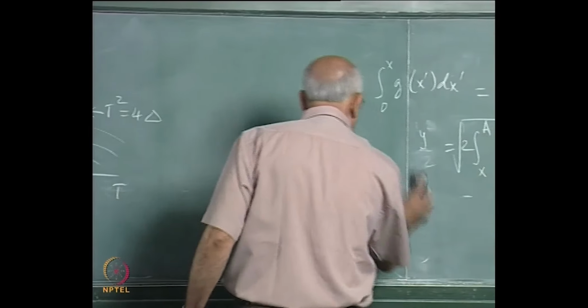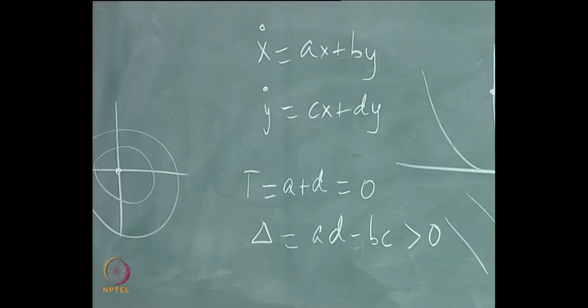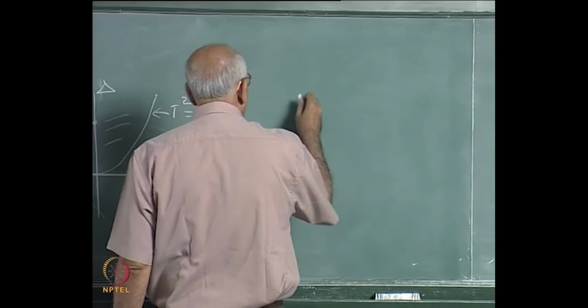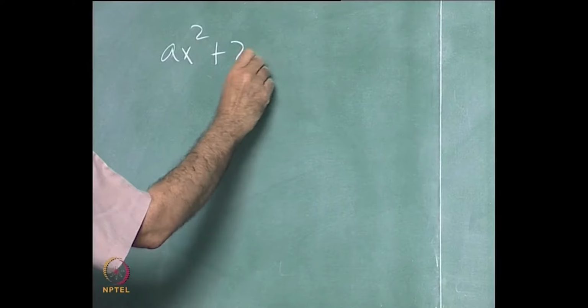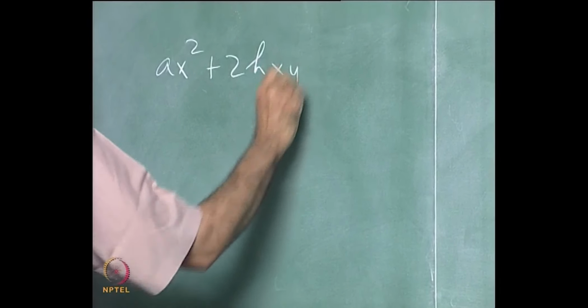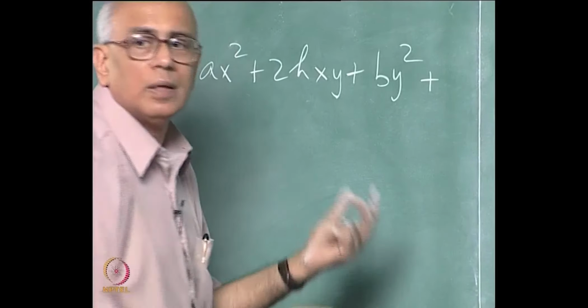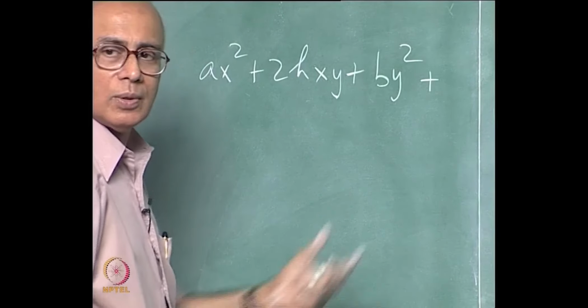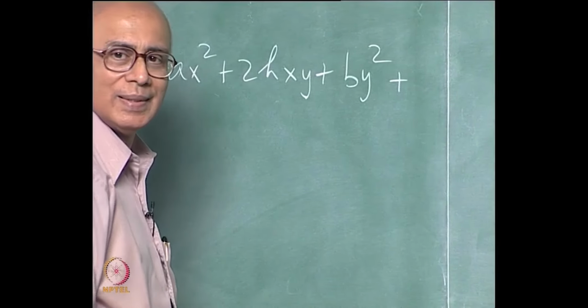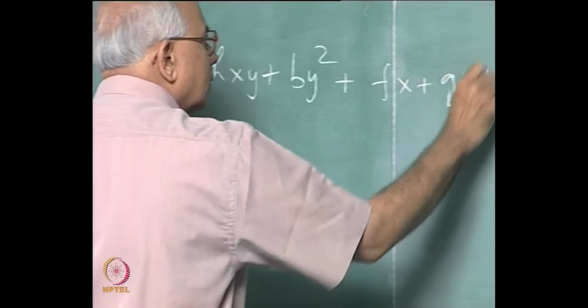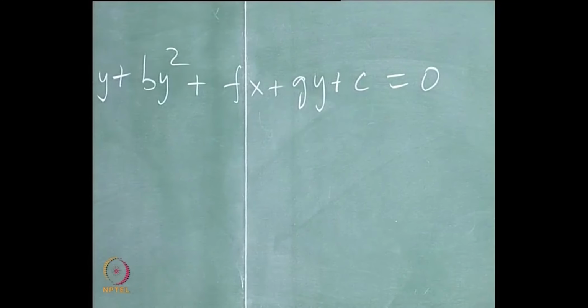What is the condition on an equation of the second degree to describe a conic section which is an ellipse? If you recall from coordinate geometry, the general equation is of the form A x squared plus 2h xy plus B y squared plus linear terms. What notation do you use here? Something of this kind.